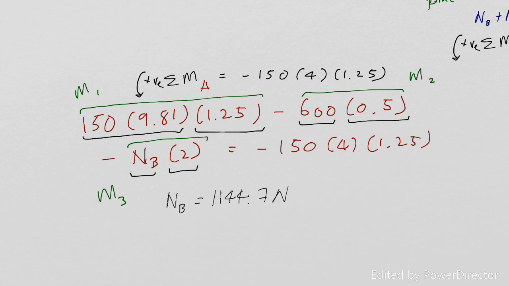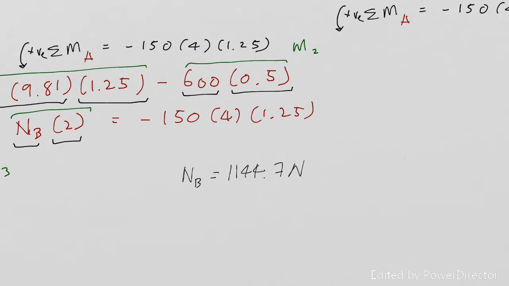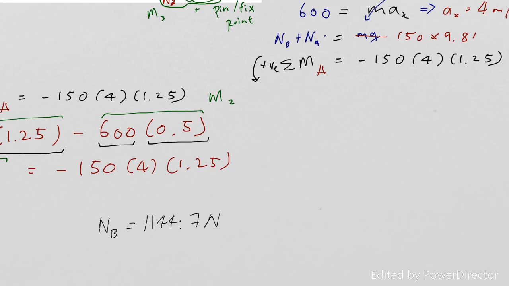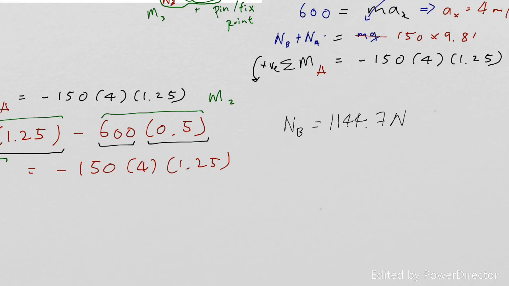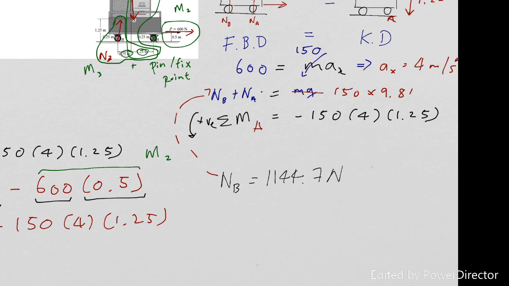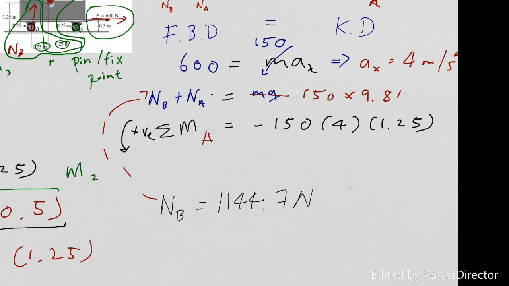Once we got our NB, I will move it to my equation from just now, the summation of Fy. Take a look at the NB plus NA equation. My NB now has a value, so I can put that into the equation, and then definitely I will get my NA.